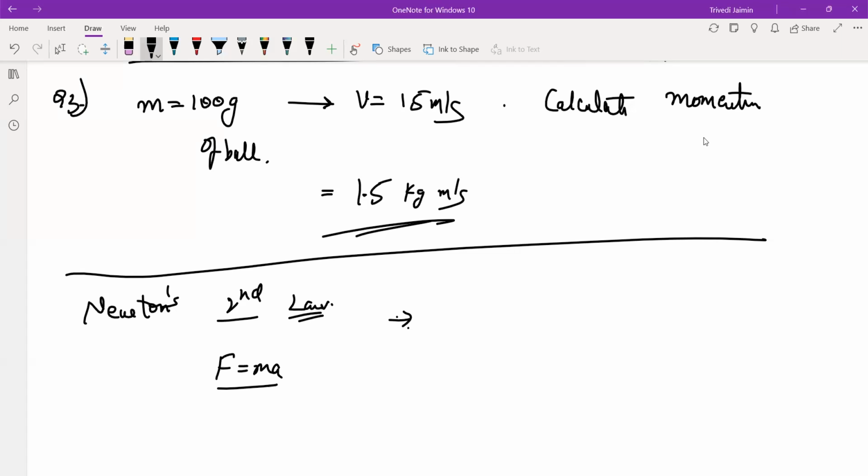Force is equal to mass into acceleration. The rate of change of momentum is directly proportional to force.